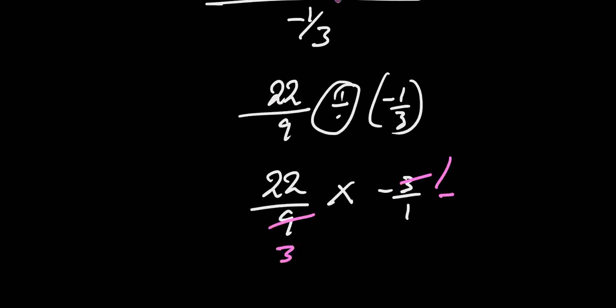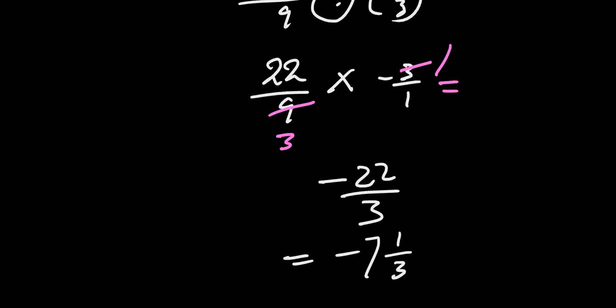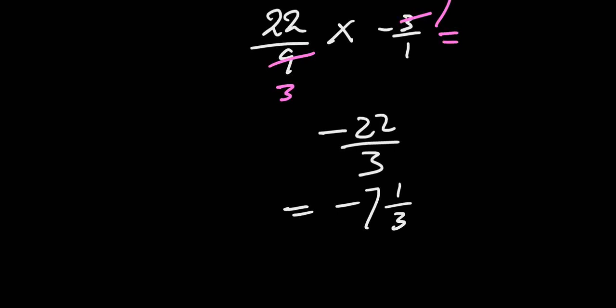So this will become 22 times -1, and that would be -22 over 3, which can also be written as -7 whole number 1/3. So this is the final answer to this question, and I hope it makes some sense. All right, let's go on to the next one.